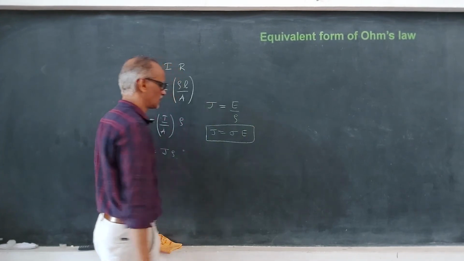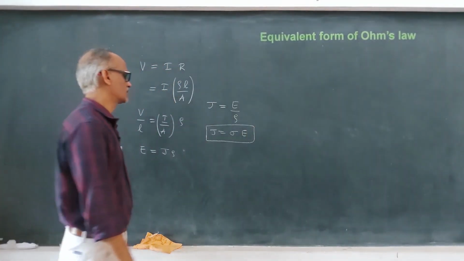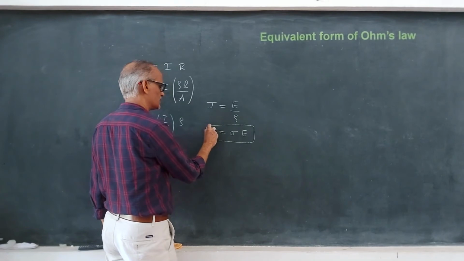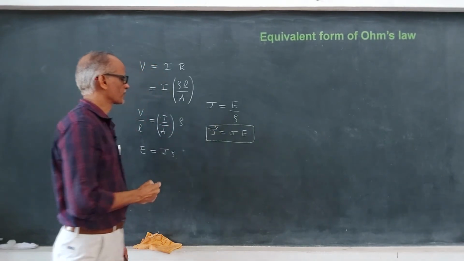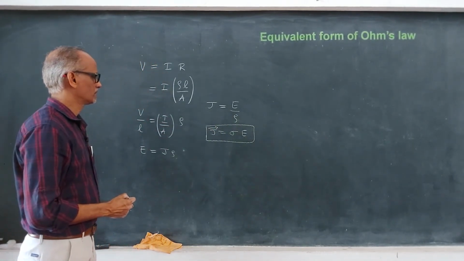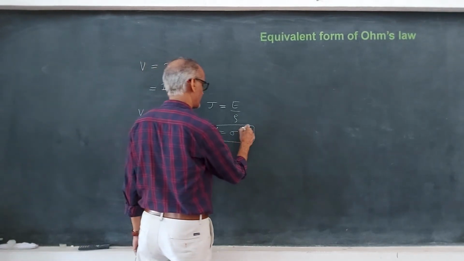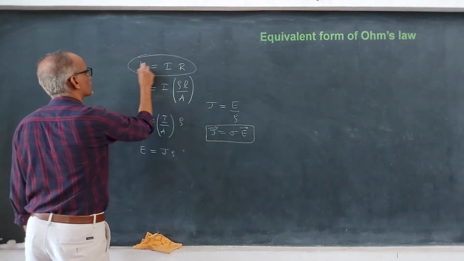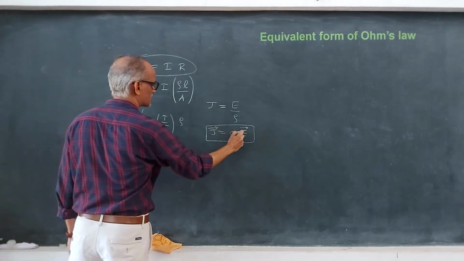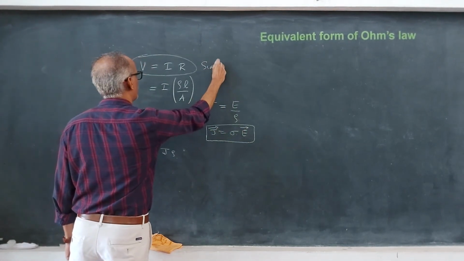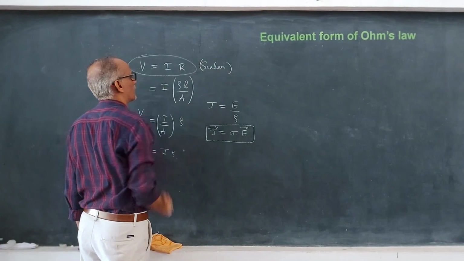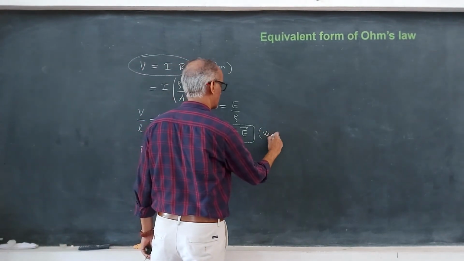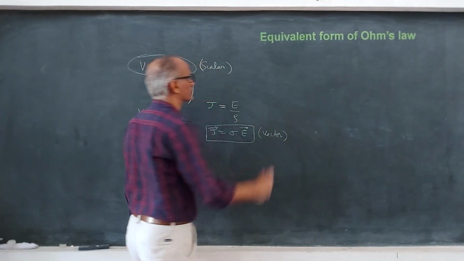So this is how we get the relation J is equal to sigma into E. Here J is a vector quantity. Electric field is also a vector. So we started with V is equal to IR and we ended up with J is equal to sigma into E. So V is equal to IR is the scalar form of Ohm's law, and this is the vector form of Ohm's law.